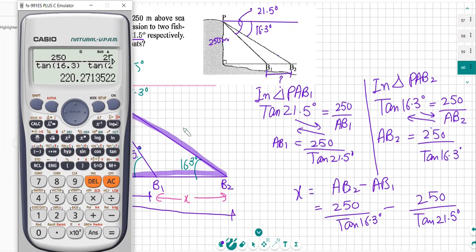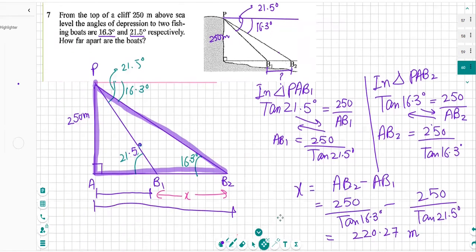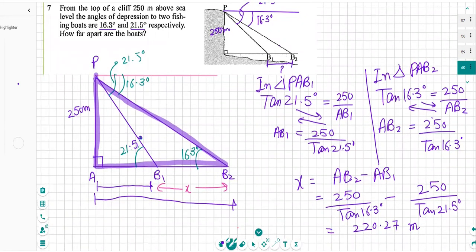So we get 220.27. So x is 220.27, obviously in meters. In three significant figures, this value will be 220 meters almost. Clear?